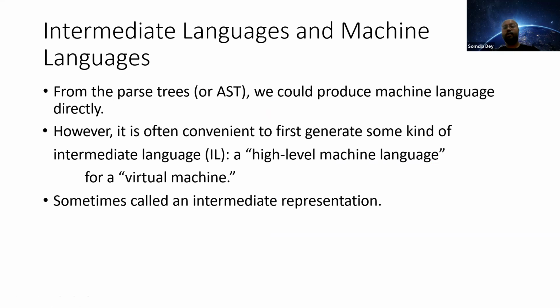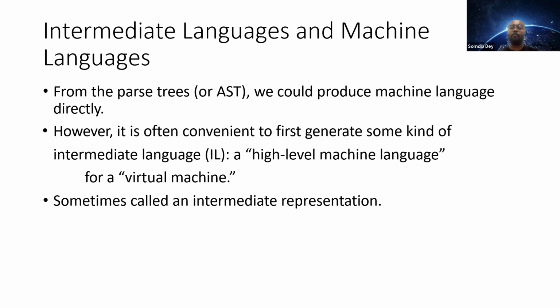And as you all know, the abstract syntax tree is a form of intermediate language representation, or intermediate representation, which is part of the backend compiler process. Now the intermediate representation is further processed in the backend by the optimization phase to produce the optimized intermediate representation.